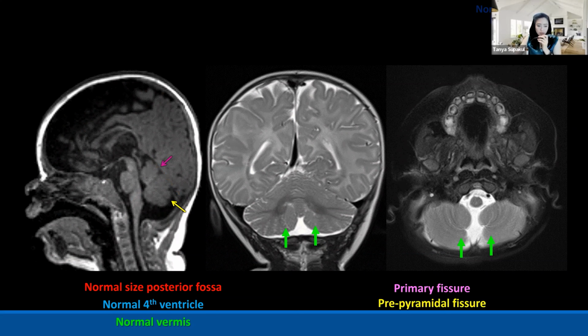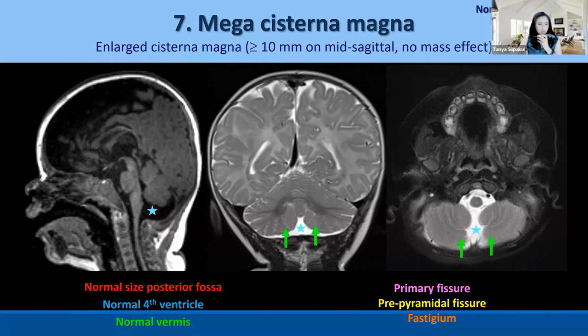You confirm that the fastigium is still in the normal position, right? So this patient has a CSF space in the posterior retrocerebellar area, with no mass effect at all on the adjacent brain parenchyma. So this one is the cisterna magna. Normally we do the measurement on the mid-sagittal image. If it's bigger than 10 millimeters with no mass effect at all, we call it cisterna magna.